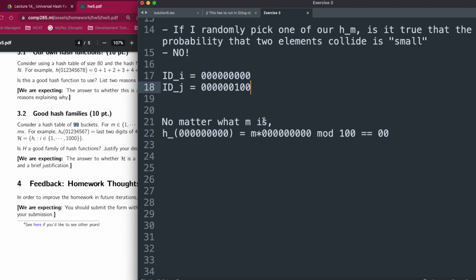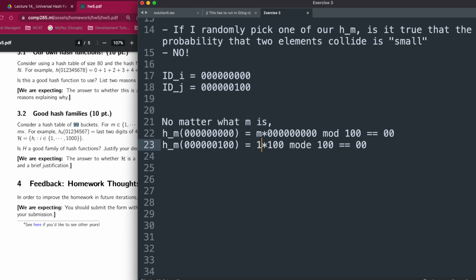It doesn't matter which one I pick. Doing m times this is essentially m times 100, which mod 100 is also equal to 0, 0. No matter what m is, the last two digits of this number are 0, 0. If m is 1, then this is 100 mod 100.